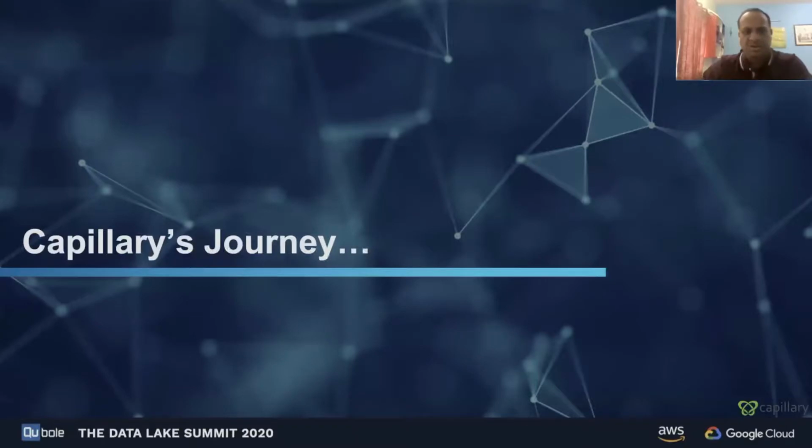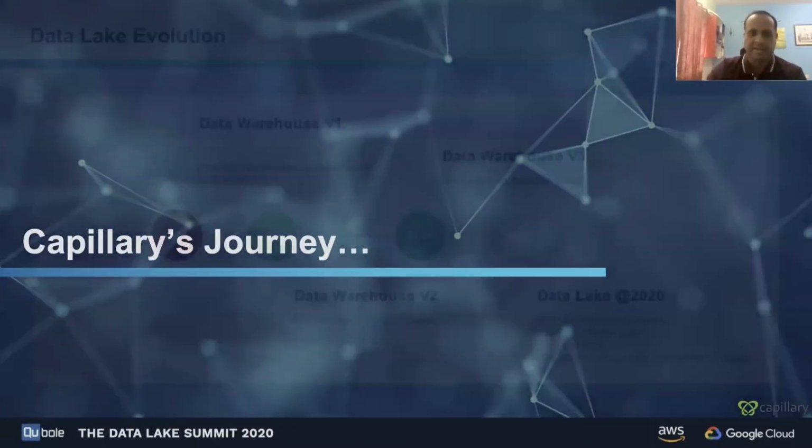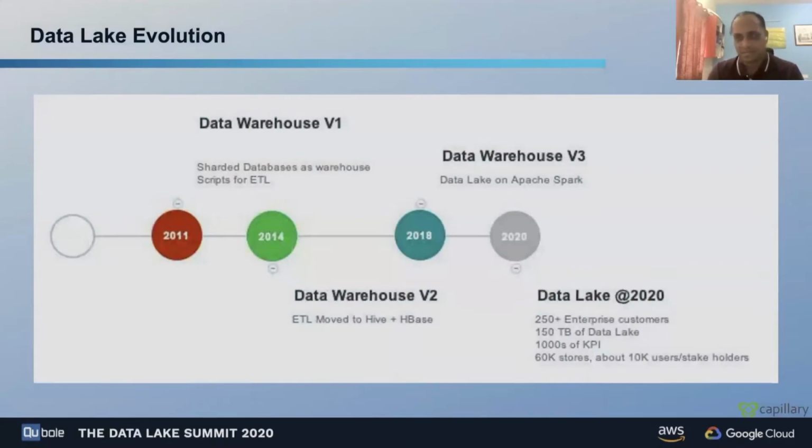Now to get to Capillary's journey of building this data lake. Like any other platform which has been built over the last 10 years or so, it has evolved through the data lake concepts. To understand Capillary, we essentially integrate with retailers and consumer brands across the globe.